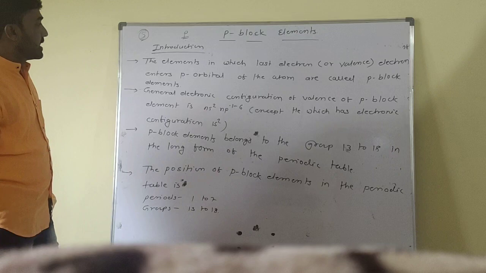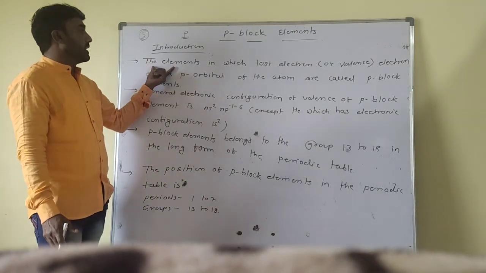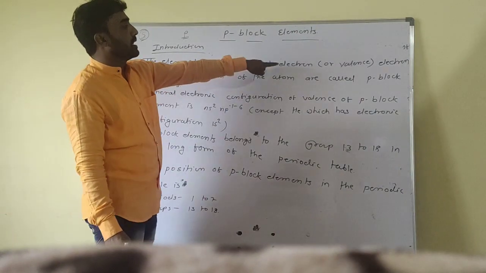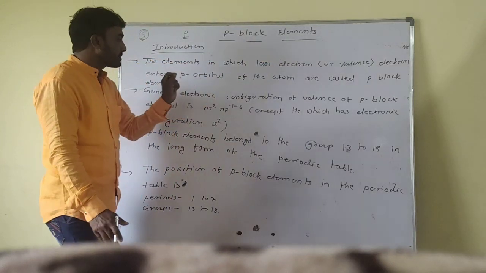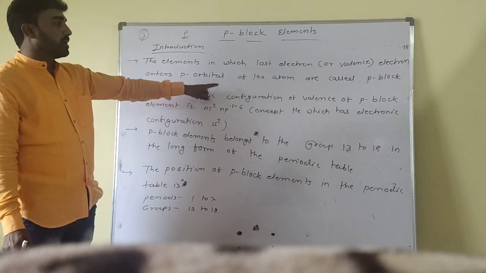So the introduction: P block elements are the elements in which the last electron or valence electron enters the p orbital of the atom.